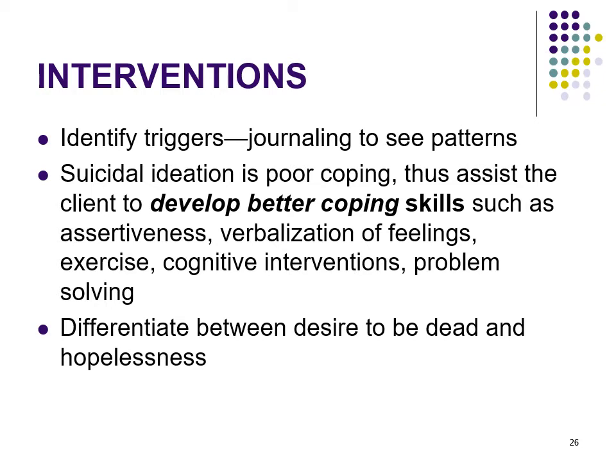No, they need to figure out what their coping skills are going to be when their mood is at a level where they can actually learn and work on it, not at the last minute when they're suddenly hopelessly suicidal again. So all of these are cognitive interventions, which we talk about using an automatic thought record type of journal.